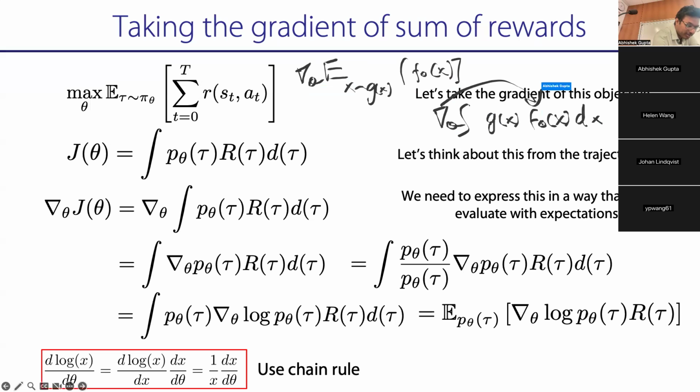So now you can write this as the integral of g of x grad f theta of x dx, which you can convert back into an expectation, the expectation over g of x of grad f theta. That's what we did last time. And there you could move the gradient inside because the g did not depend on theta.